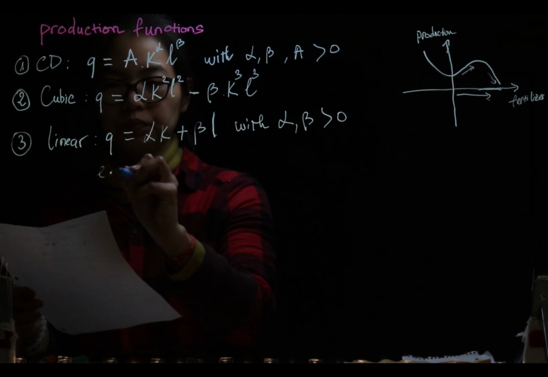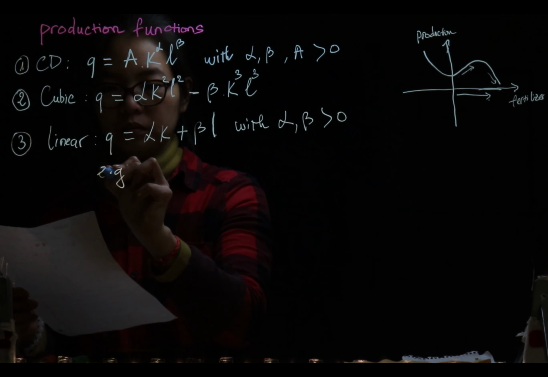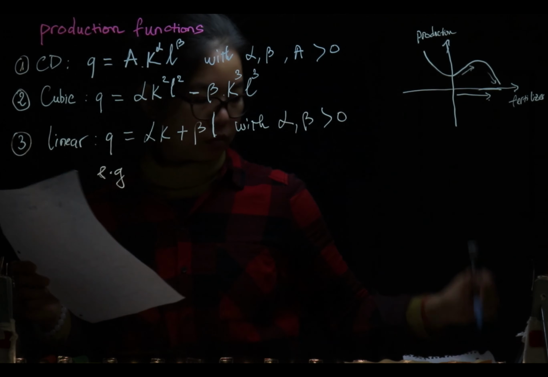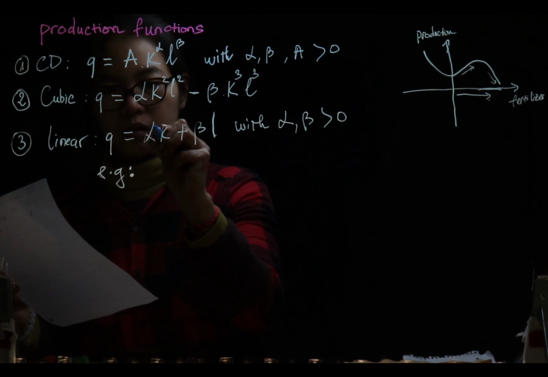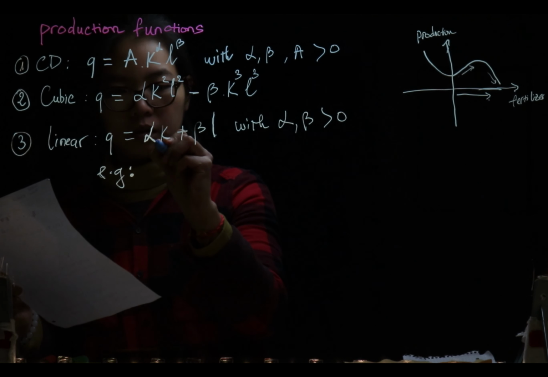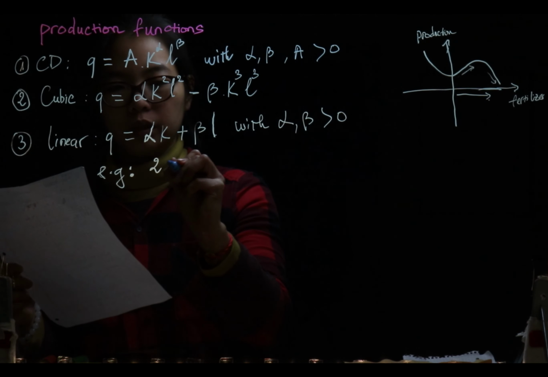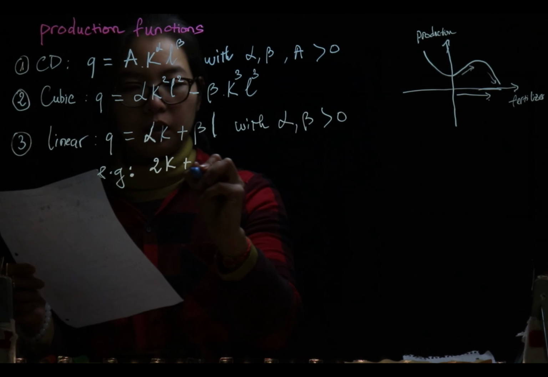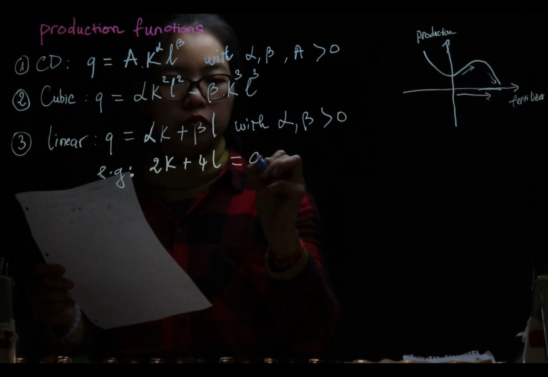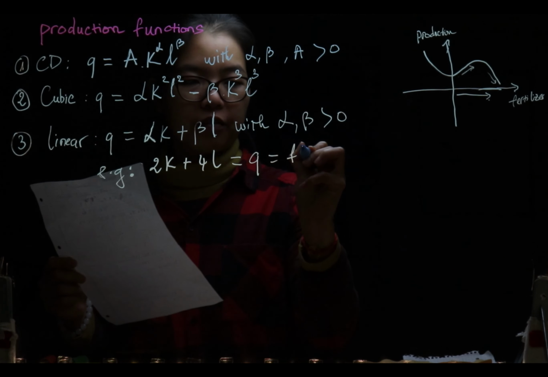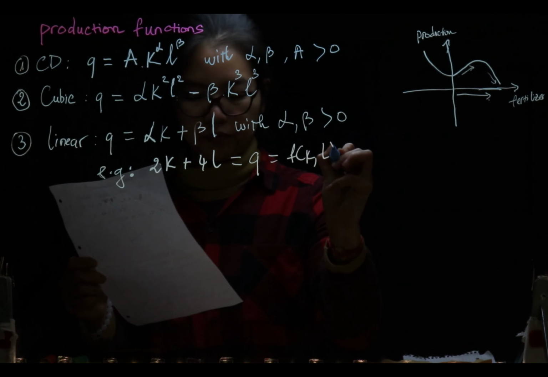So for example, 2K plus 4L, Q equals F(K, L).